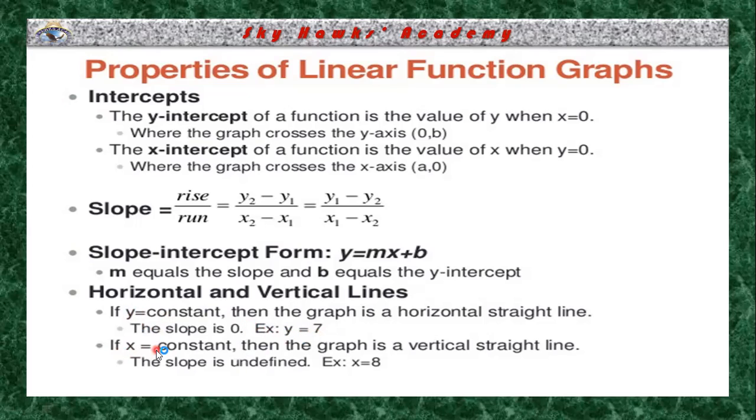Similarly, if x is a constant, then the graph is a vertical line. The slope is undefined. Example, x is equal to 8. Now it's totally vertical, and by all means the inclination is at a right angle. In other words, if you are using trigonometry, the angle is 90°.